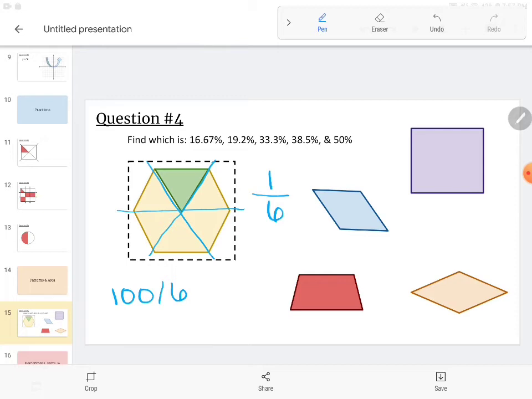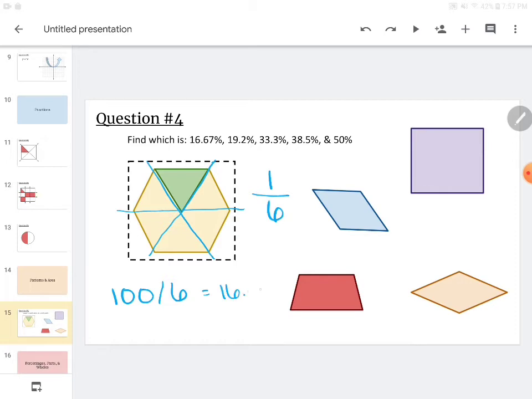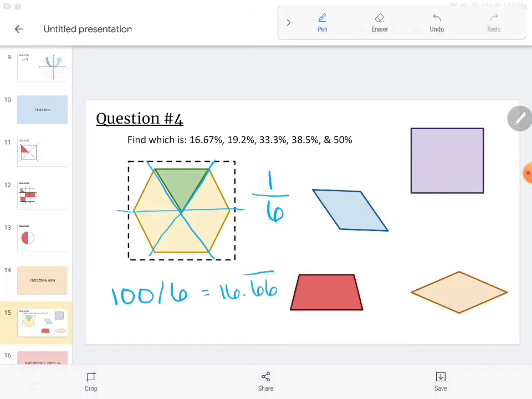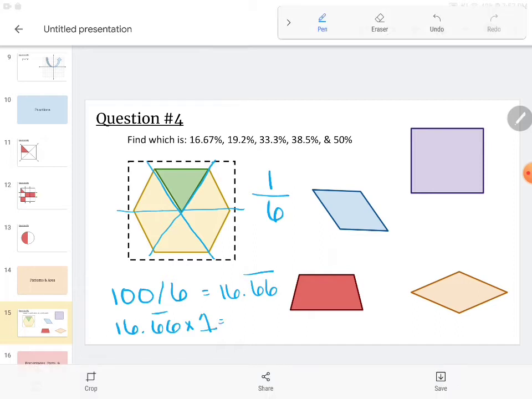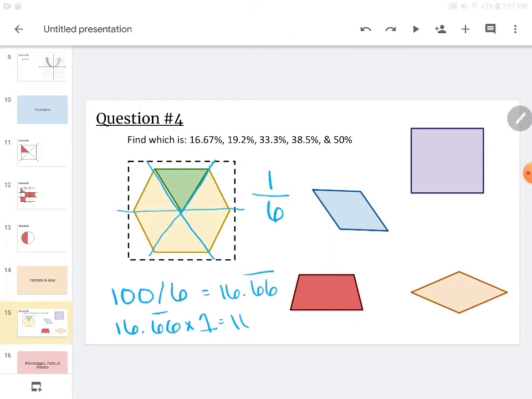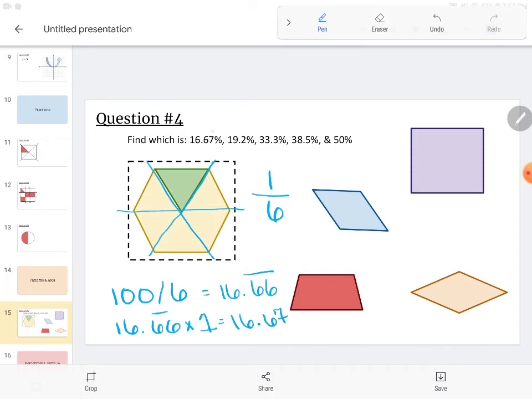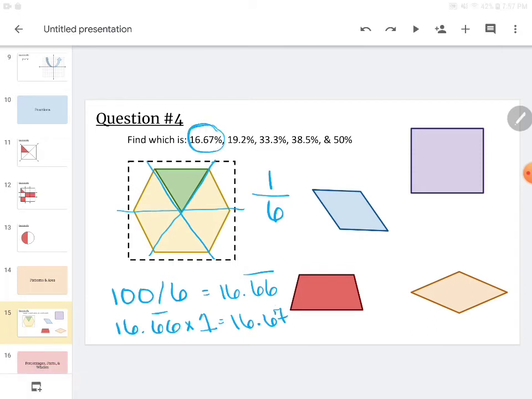Once we get our solution, which is 16.666666 repeating, we are going to multiply that by 1. And our solution, once we've rounded to the nearest hundredth, should be 16.67, which means that our triangle is this first one right here, 16.67.